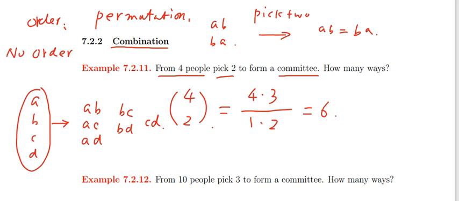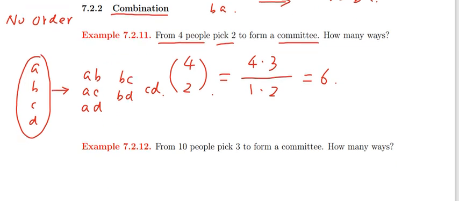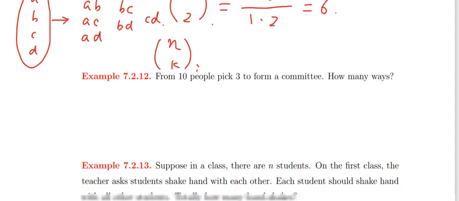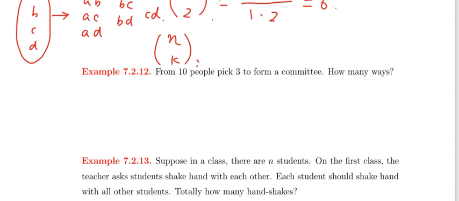Okay, so from n choose k, we already mentioned this notation, right? We can call those a combination coefficient, or combination number. This is the same thing: from 10 people pick 3 to attend a meeting or form a committee.